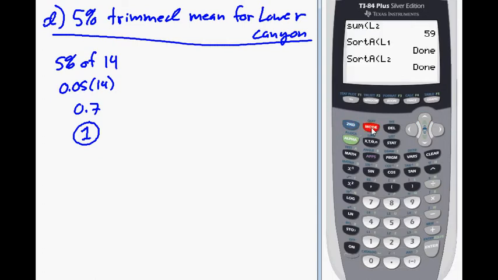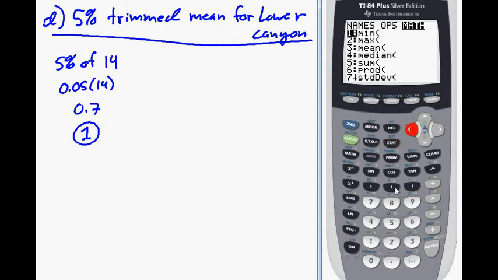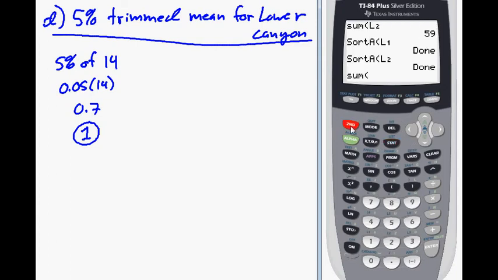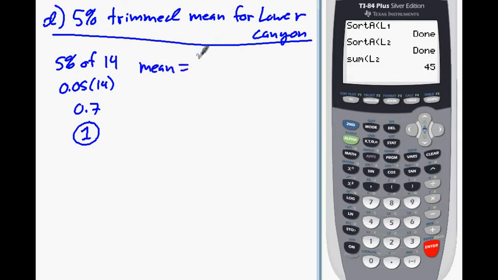We can go back and do our sum of L2, and we can get our trimmed mean, sum of the data over the number of data. So that would be 45 over 12.